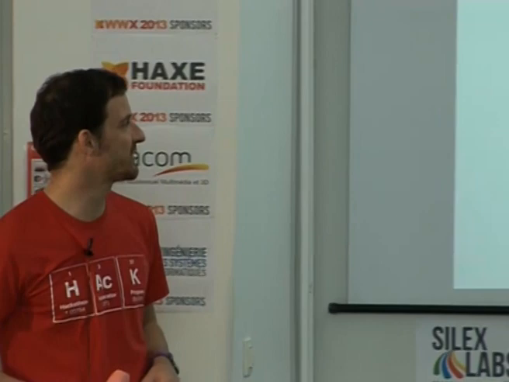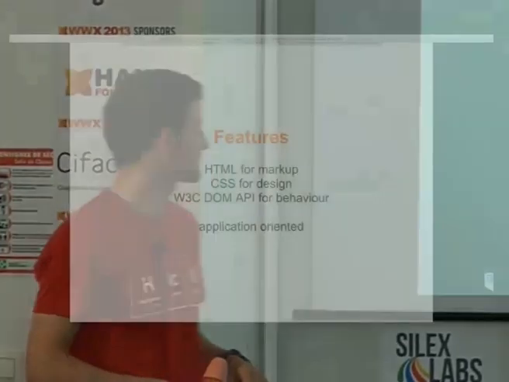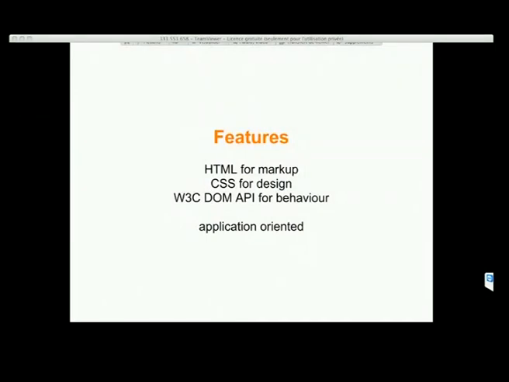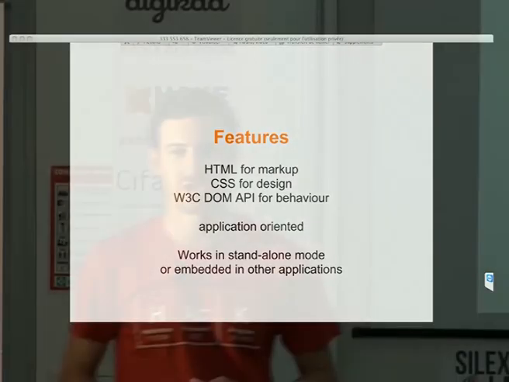The features of Cocktail are the following. HTML for markup, CSS for design, and for the interactivity it uses the W3C DOM API for behavior, so the Haxe JS API. It's more application oriented than gaming oriented, but it can work in standalone mode or embedded in other applications such as NME applications, and maybe one day in OpenFL applications. Probably.